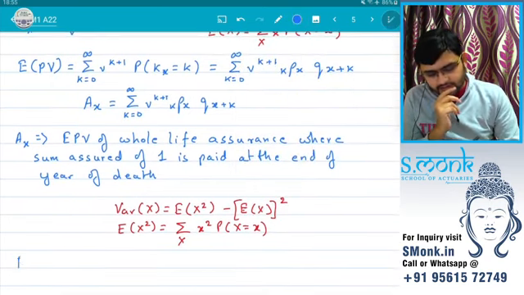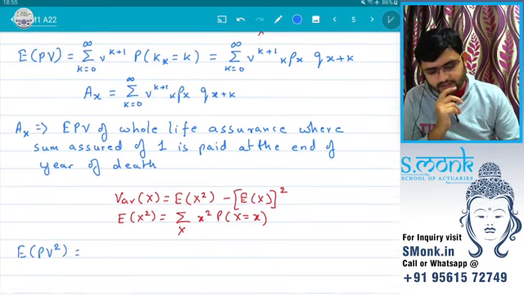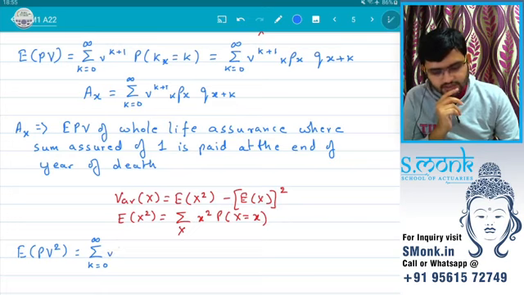So we will calculate expected present value square, we'll just square the present value. So present value was v raised to k plus 1, so v raised to 2 into k plus 1 into probability kx is equal to k.